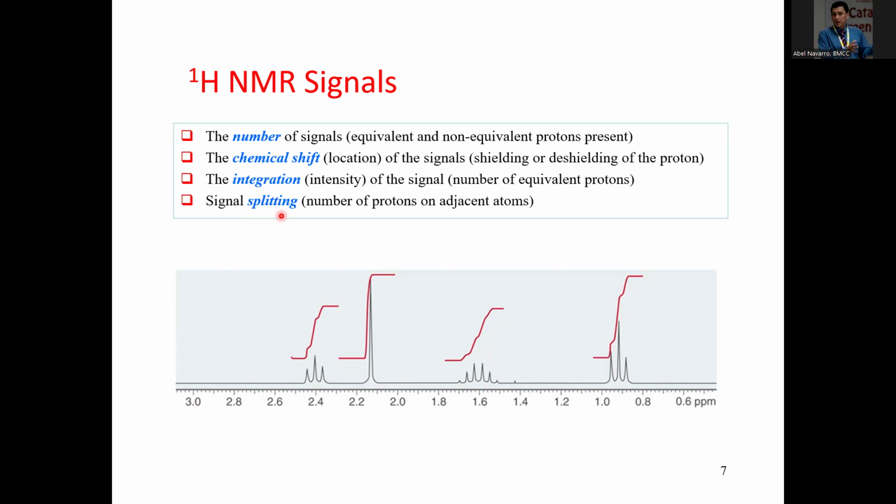If you have a hydrogen next to you, that hydrogen will cause a magnetic response. For example, I'm a CH3 next to a CH2. At the same time that you are recording the information of this CH3, this neighbor is also being magnetized by the magnetic field. Remember, everybody is being magnetized.